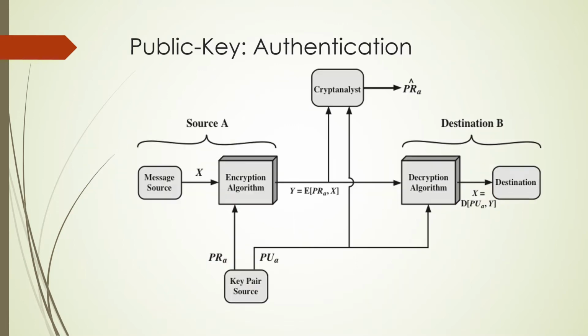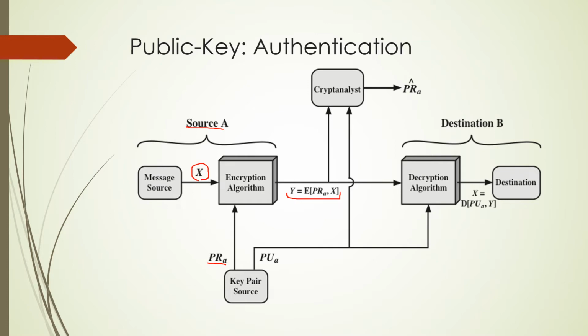Also, as I said before, you can use public key cryptosystems for authentication and digital signature. In this example, let's say the message X is encrypted using the encryption algorithm and the private key of the sender or source, and the encrypted message is given to the destination.